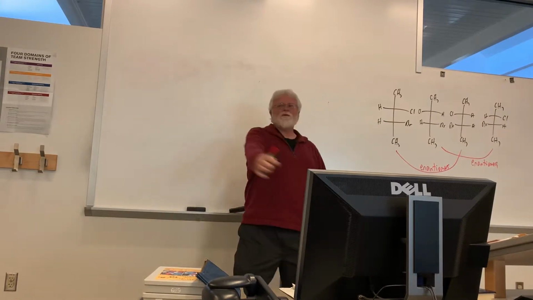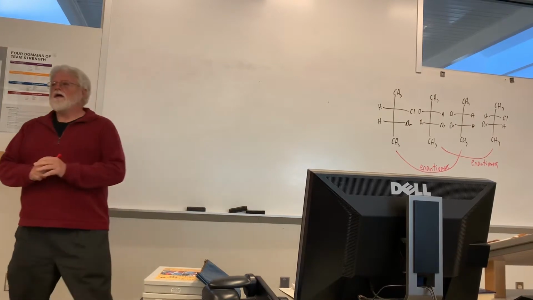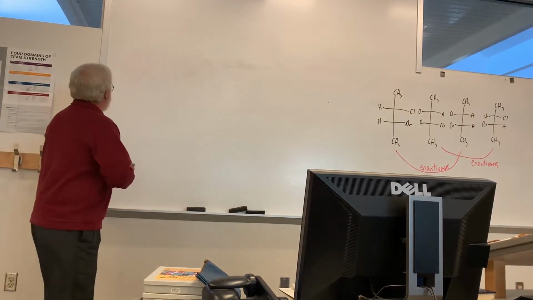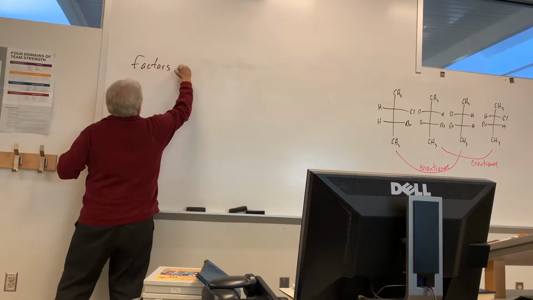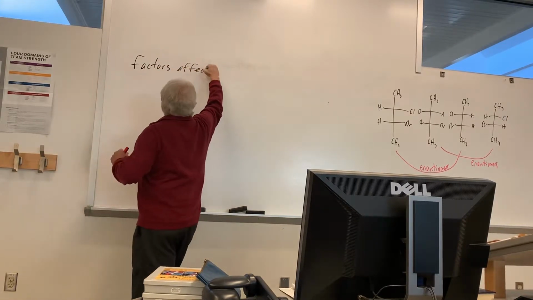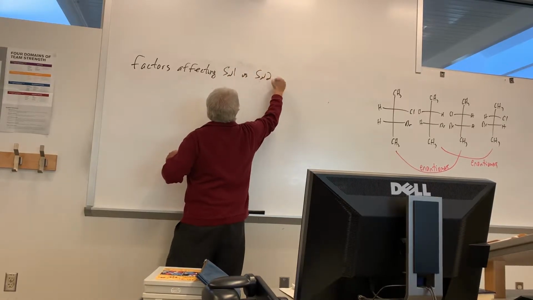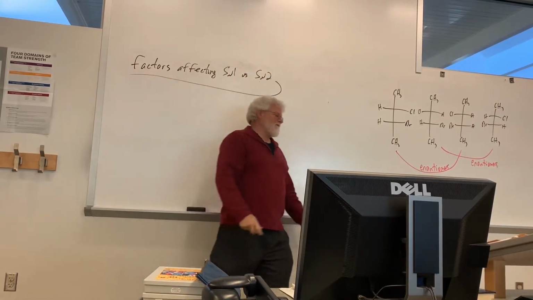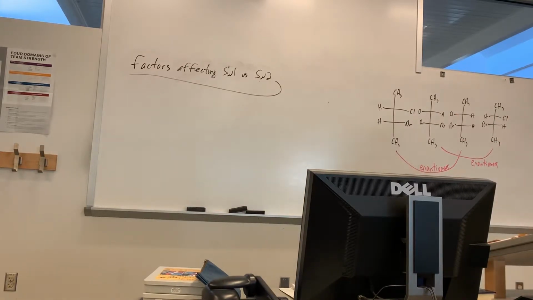What were we talking about last time before the crucible? Oh, stability. We were talking about factors affecting SN1 versus SN2. We know all about nucleophilic substitution, first order and second order.